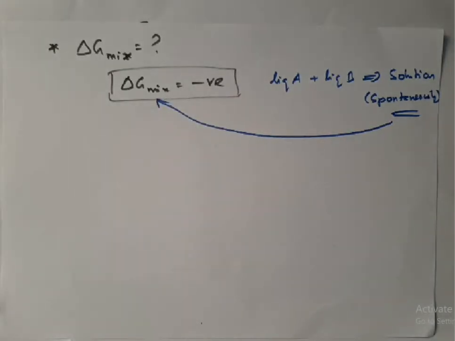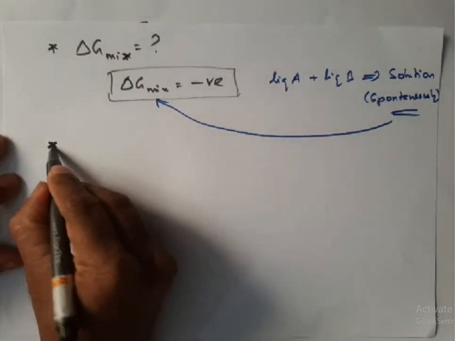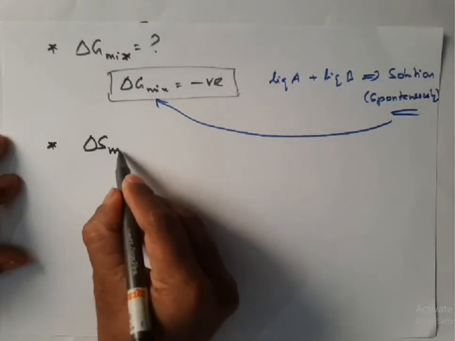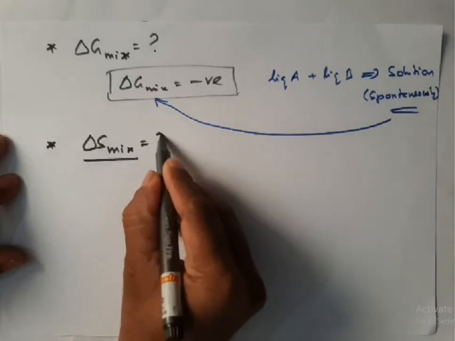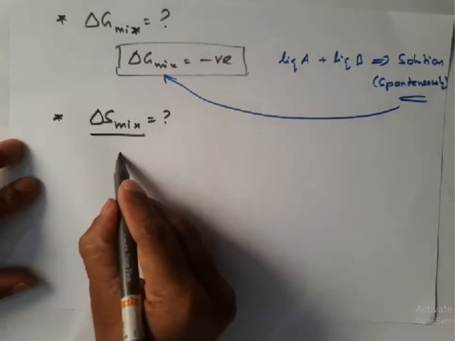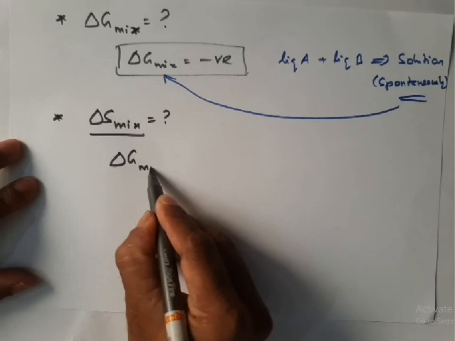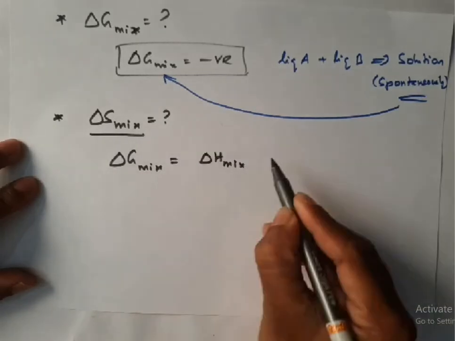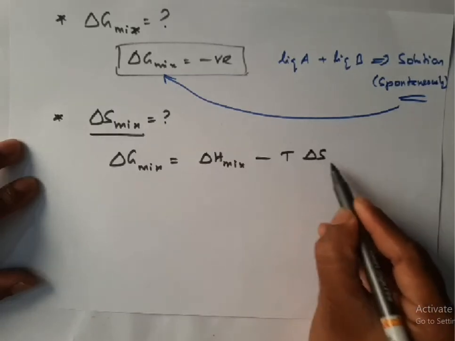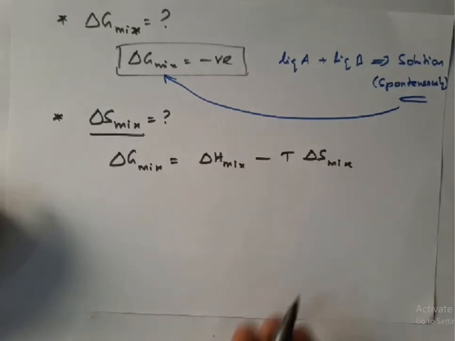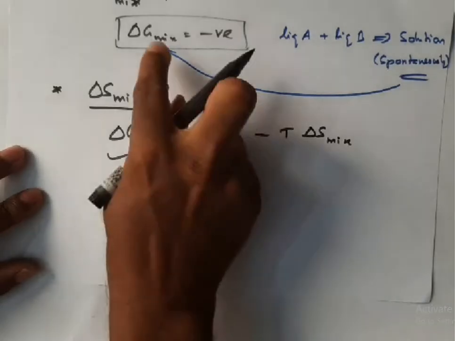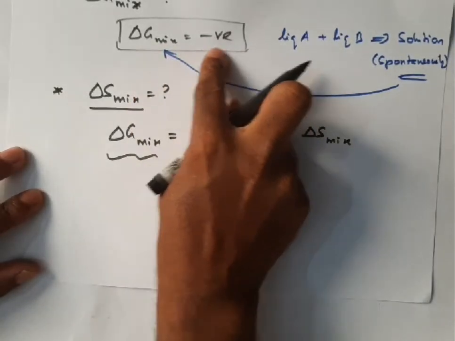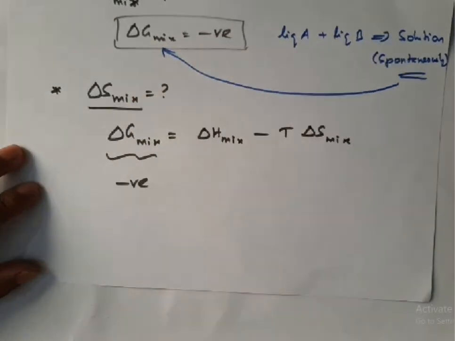Then what about the next one? That is delta S mixing. How to fix it? It is very easy. You know very well, delta G mixing equals delta H mixing minus T into delta S mixing. We fixed the delta G mixing sign: it is negative.